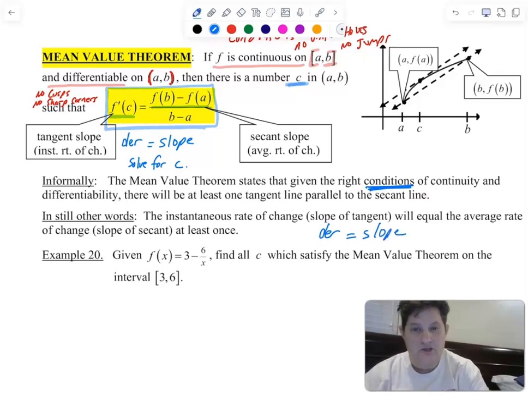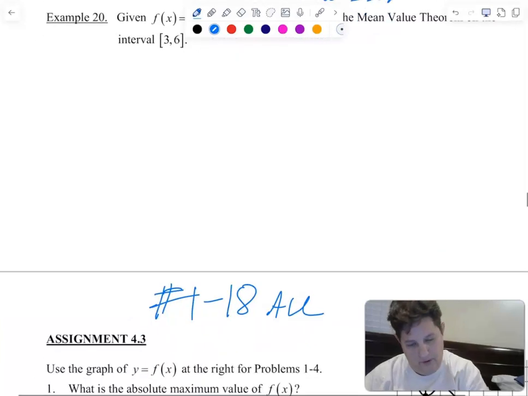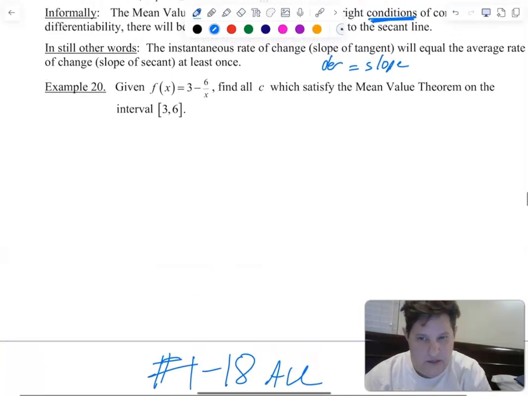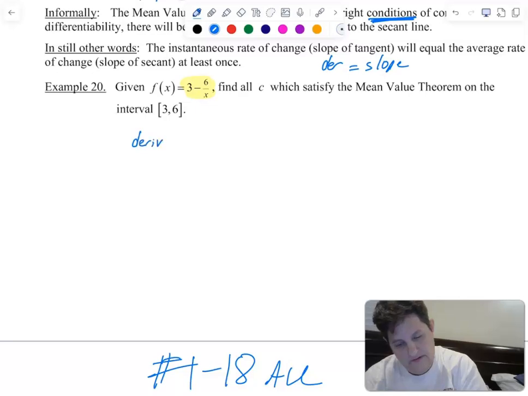Okay? So let's do some problems where you will have to solve for c. Do not worry. All right, so here we go. What we do is we take my equation, which is right here, and we take the derivative. Actually, before I even do that, I have to meet my conditions, okay?